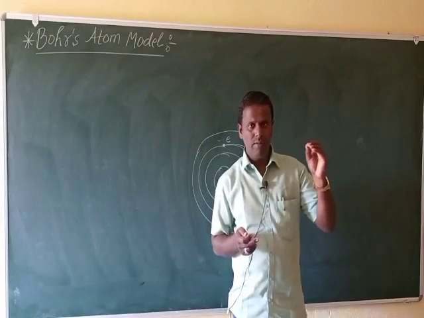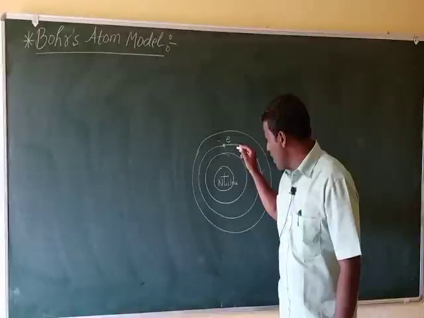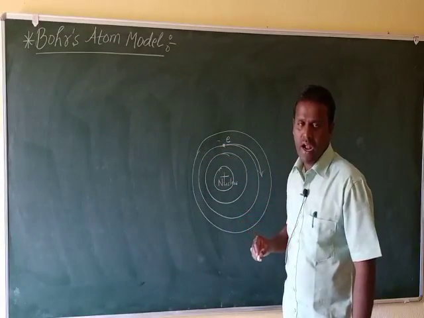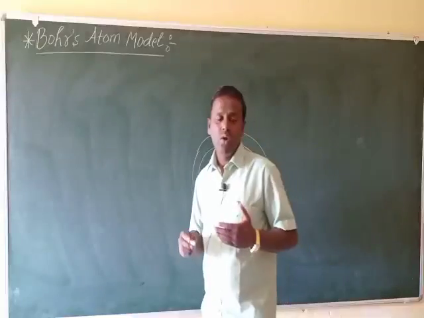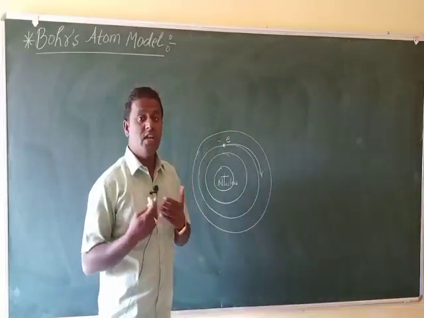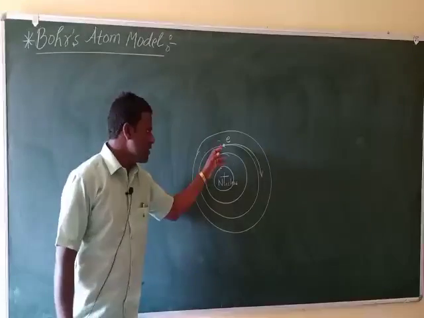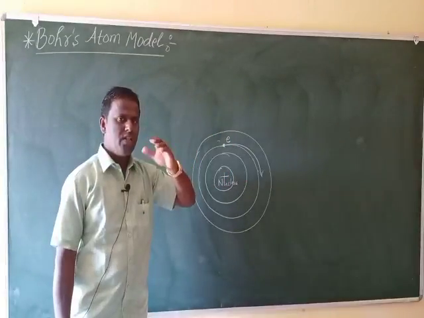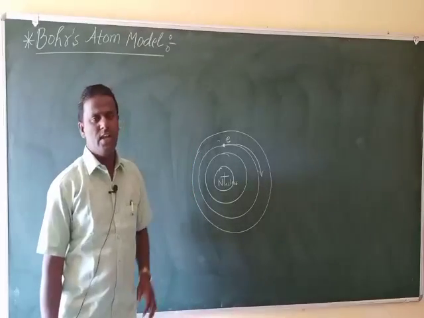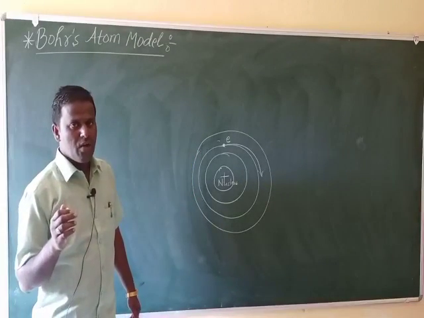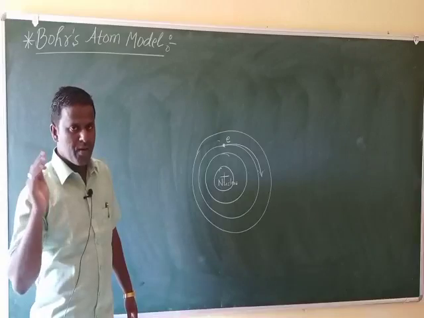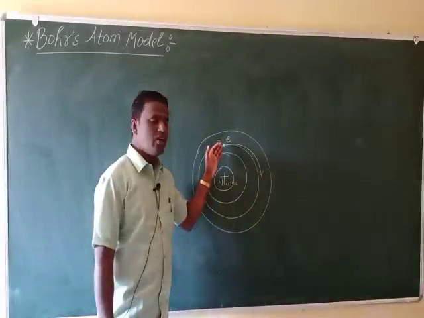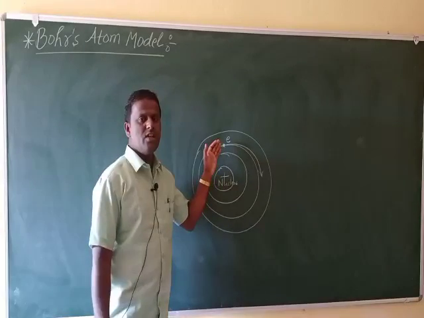So if an electron emits energy while revolving in the circular orbit in an atom, it goes on losing its energy. If an electron is giving out electromagnetic radiations or energy in the form of photon, X-ray, gamma ray, ultraviolet ray, visible ray, infrared radiations, or anything, the electron loses its energy continuously.